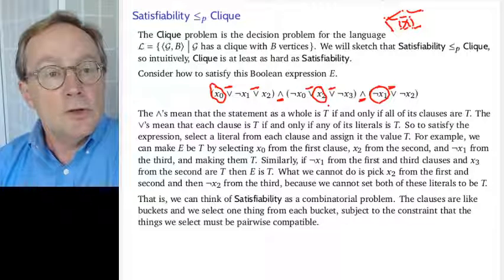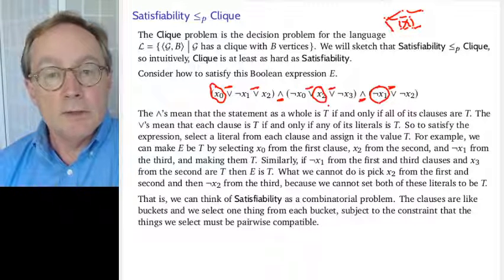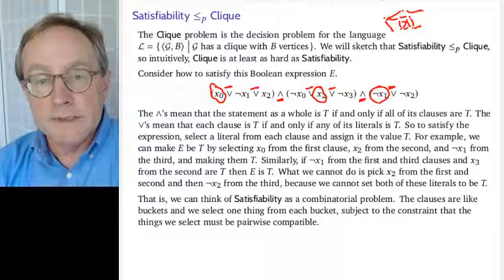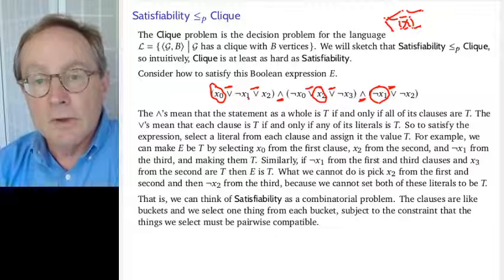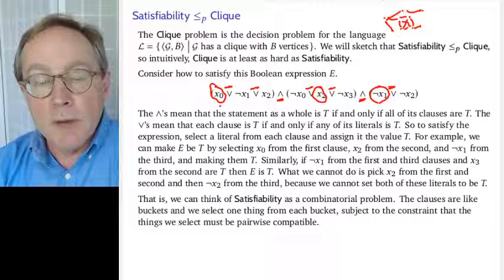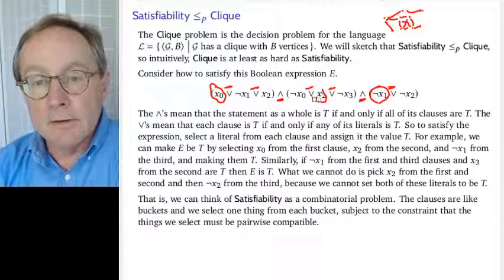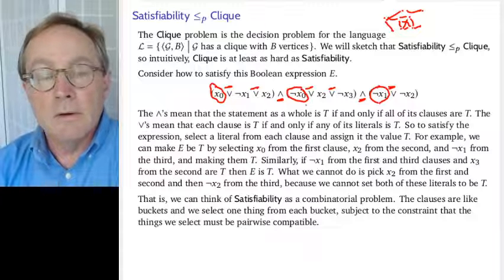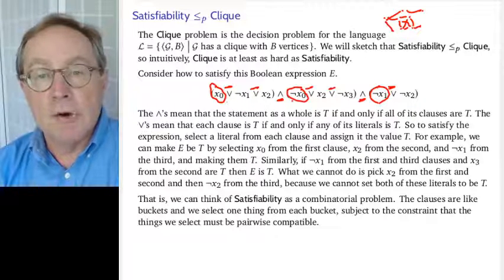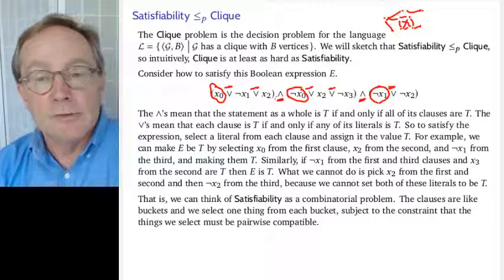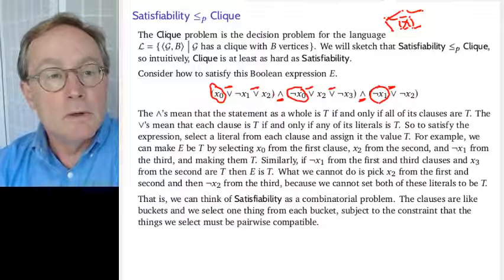The only mistake you could make in one of these assignments is that you cannot pull x0 from here and not x0 from here, because you can't have both x0 and not x0 be assigned true. That's a no-go.